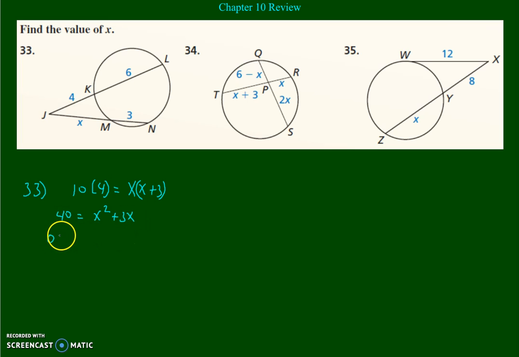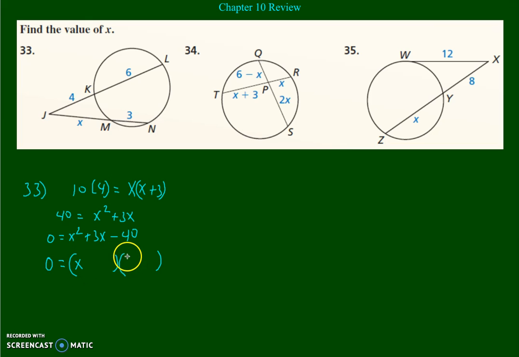And we have 0 equals x squared plus 3x minus 40. So in order to solve this quadratic, we can try to factor it. So let's break this apart. If it's a quadratic, it's made up of two linear factors, and this times this has to equal this.